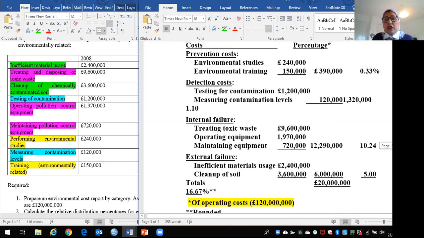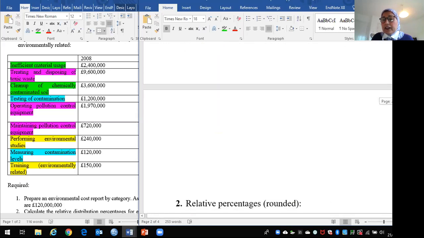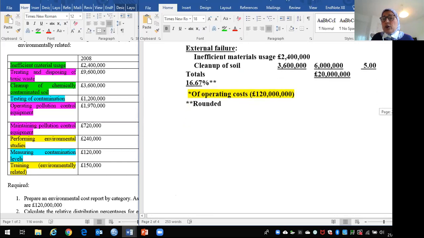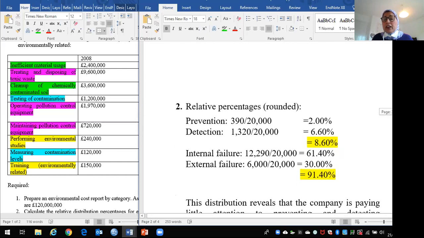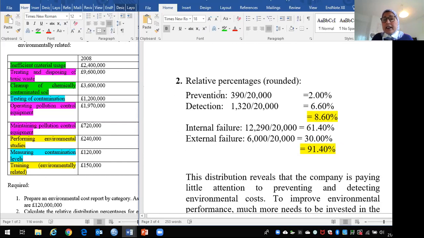I will remind you again, this is the 390 total prevention, and then 120 total detection, 12,290,000 total internal failure, 6 million total external failure. And we have to divide all of them by the total environmental quality cost. So the total environmental quality cost is 20 million. So this is the calculation.